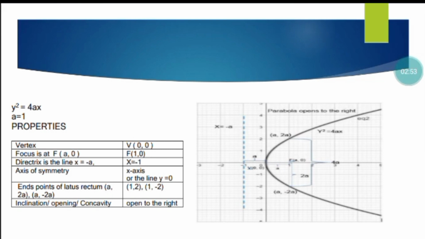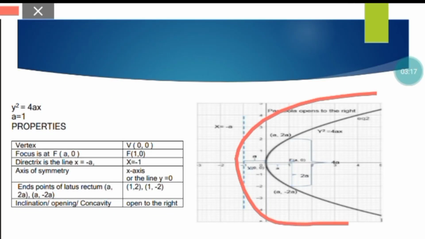The axis of symmetry is equal to 0. The ends of the latus rectum are (1, 2) and (1, negative 2), because we add and subtract 2, positive and negative, on both sides. The concavity is open to the right, as we can see.